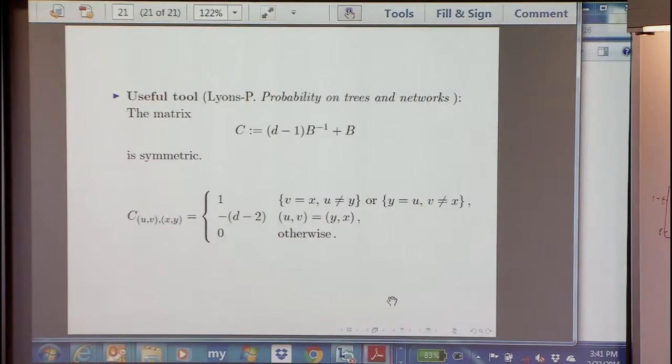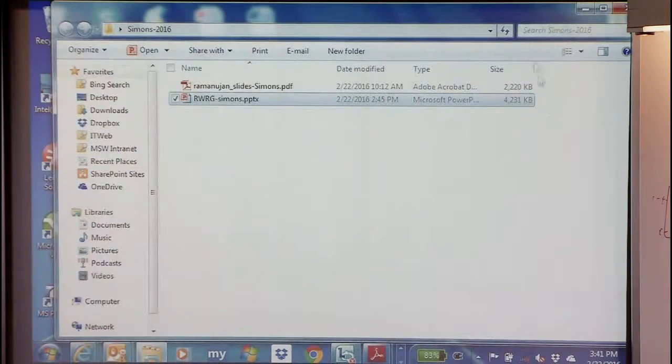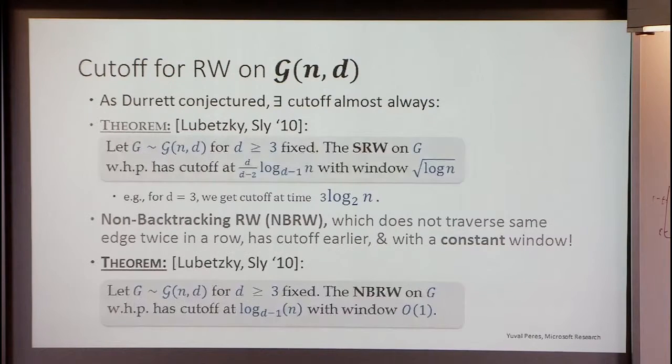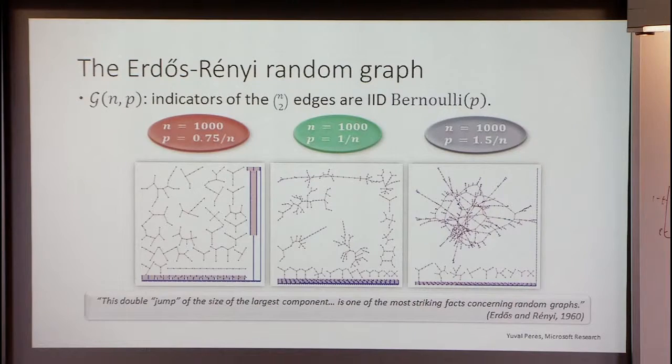Questions about this? Okay, so now I want to quickly tell you what the substantial differences are in the random case. In the Erdős-Rényi random graph model, you have different phases, and we'll be focusing on the supercritical phase and random walk on the giant cluster.